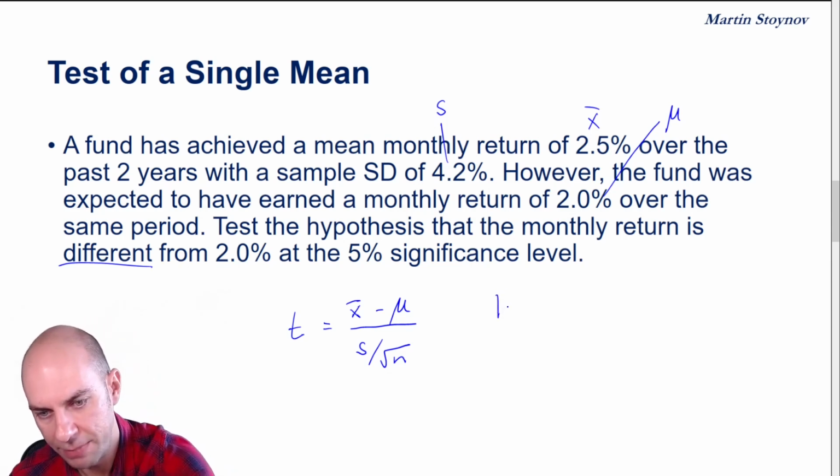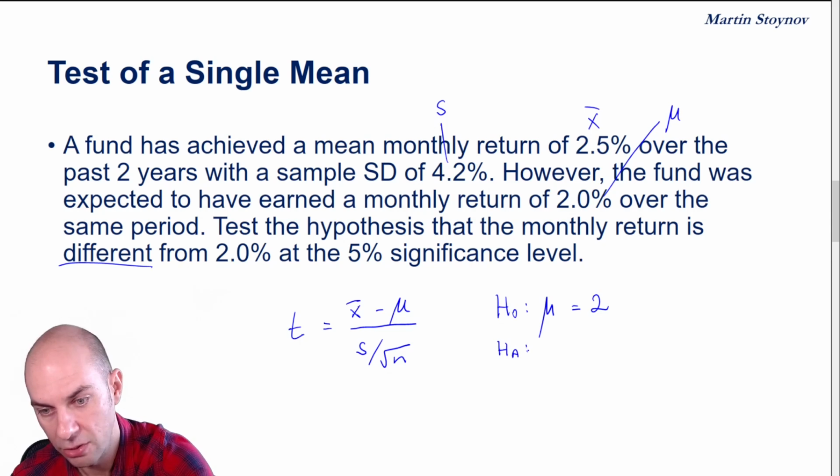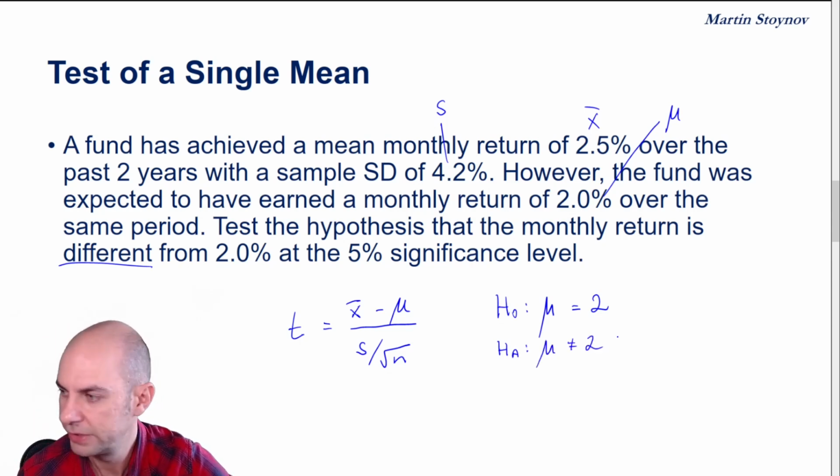So my null hypothesis here is that mu is equal to 2, and my alternative hypothesis is that mu is different from 2. You can see that I'm definitely going to be doing a two-tailed test.